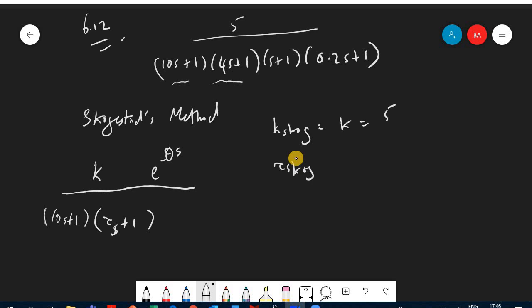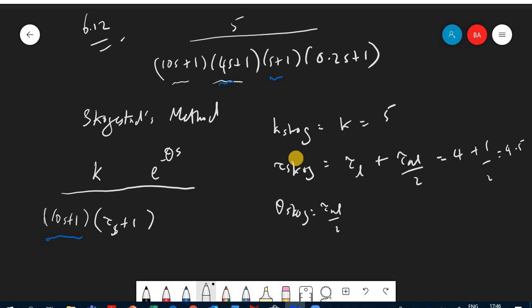Tau Skog is equal to tau largest plus half of next largest, and in this case my largest is here and my next largest is here, because I'm talking about the second order plus time delay, right? I'm not going to touch this. So my answer is going to be 4 plus 1 over 2, so that will be 4.5.